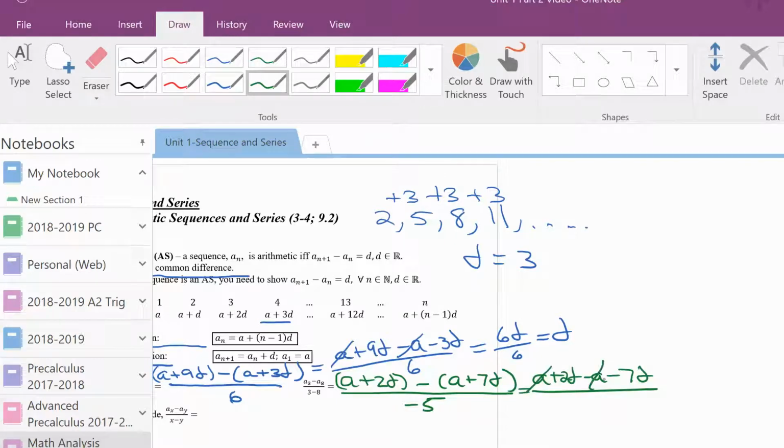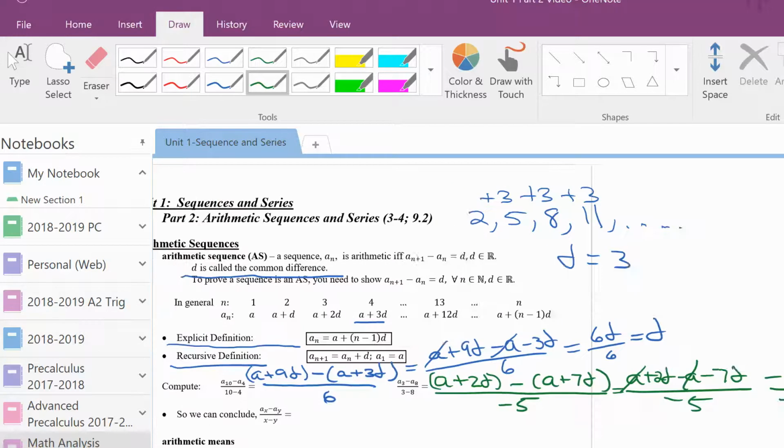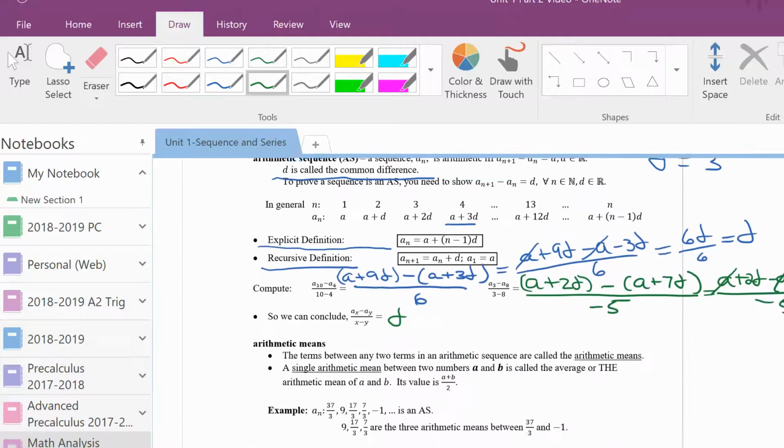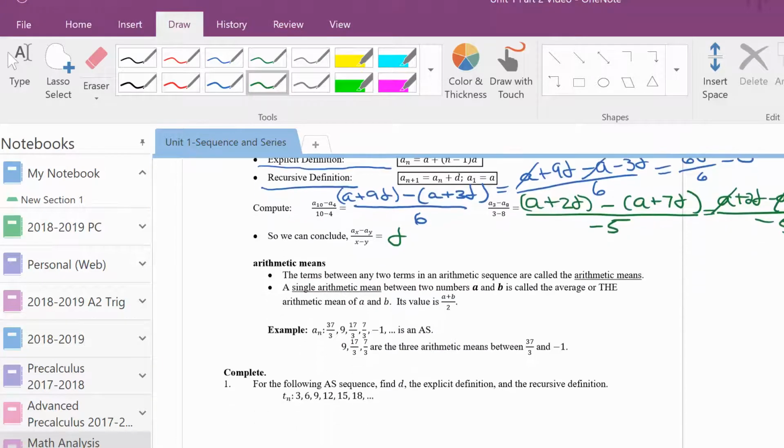The A's cancel out, and you get negative 5d over negative 5, and that's equal to d. So in general, you can conclude that if you take one term and subtract it from another term in the sequence, and divide that by the difference in the term numbers, it's equal to the common difference. That's going to come in handy later on.